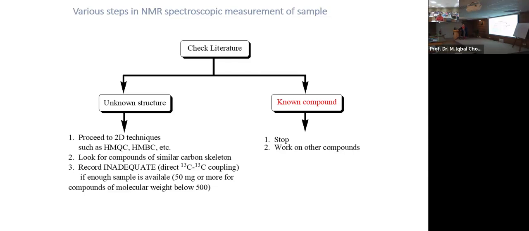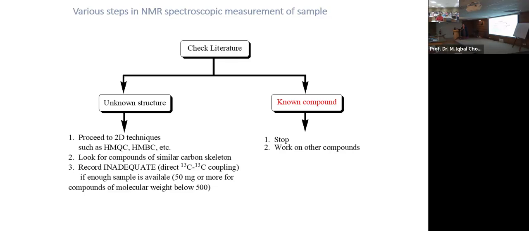Maybe 20, maybe 30 milligram, but not more than that. Even 50 milligram just starts precipitating. 50 milligram is a lot; with higher solubility, maybe up to 25 or 30 milligram. But even if you have 1 gram of the compound, you cannot dissolve it in 0.5 ml. So you have the limitation.